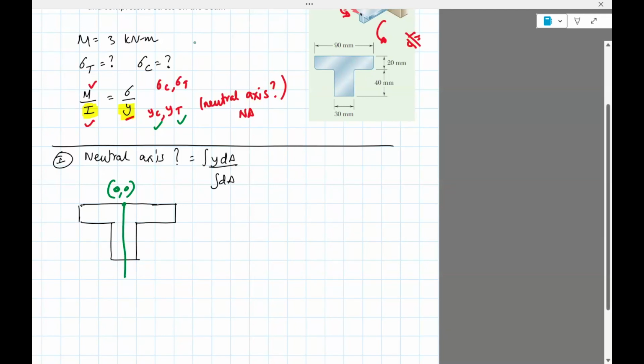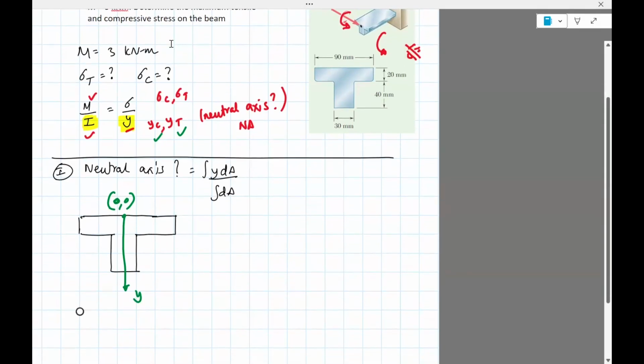So this will be my y. Let's put in the dimensions. I'm going to skip the units, save some space.